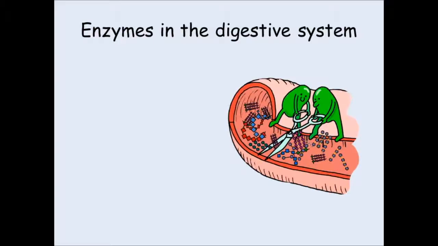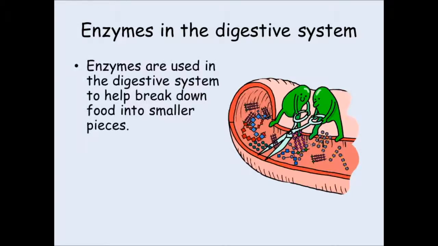Now, today we're going to focus on the enzymes that are included in the digestive system. In the digestive system, enzymes are used to break down large food molecules into much smaller pieces.